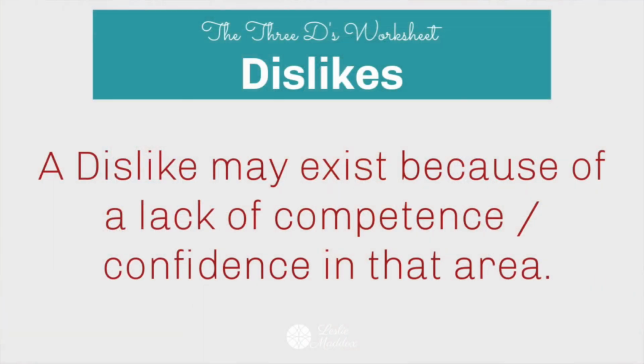Probably the biggest mistake we can make in the area of dislikes is trying to get our kids to really like something that they just don't like. Now, sometimes our kids can learn to like something if they become confident and competent in that area. For example, my oldest, he didn't used to love reading. He used to hate reading, and it's because that was something he was not naturally interested in.